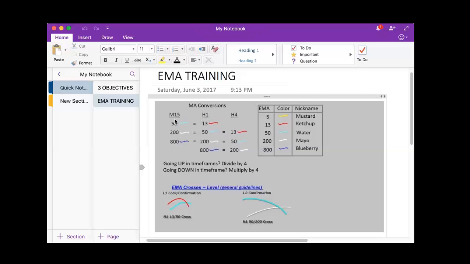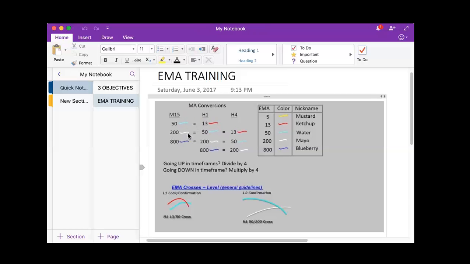When we're looking at the 15-minute, the 50 EMA is the 50 EMA, the 200 is the 200, and the 800 is the 800. But converting that, looking over to the 1 hour, the 50 will turn into the 13, the 200 will turn into the 50, and the 800 will turn into the 200.